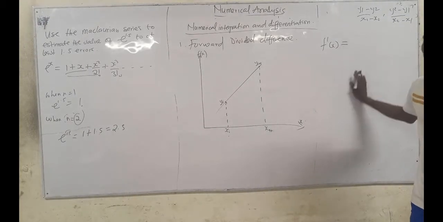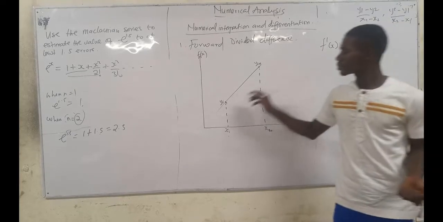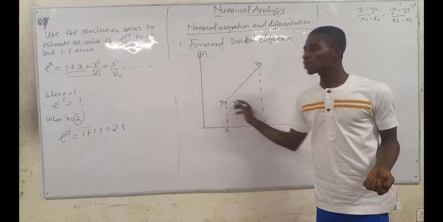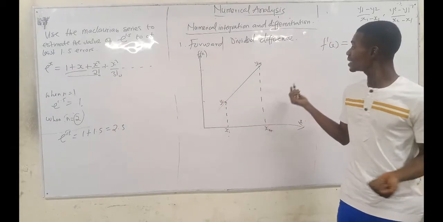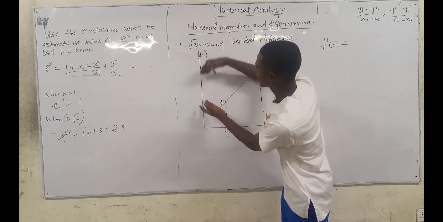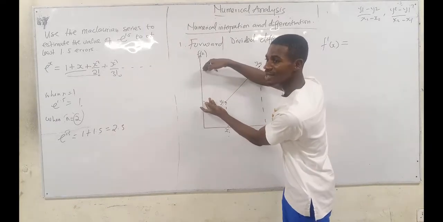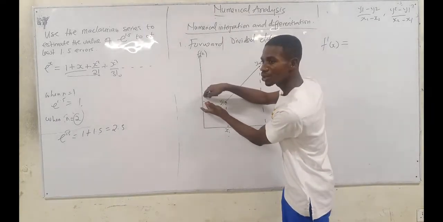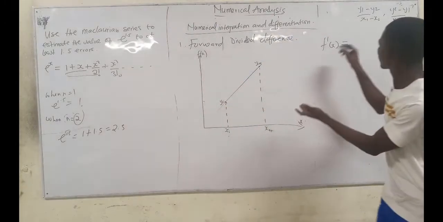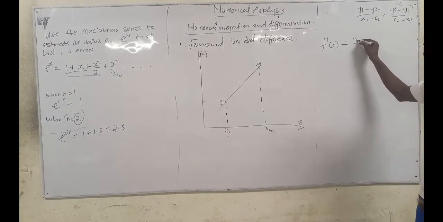So what is the change in y? We want the length of this. To find it, we subtract this one from this, so we say y i plus 1 minus y i.